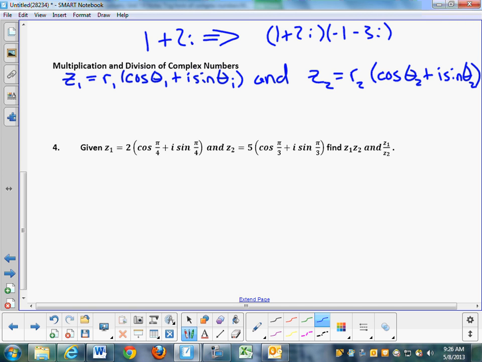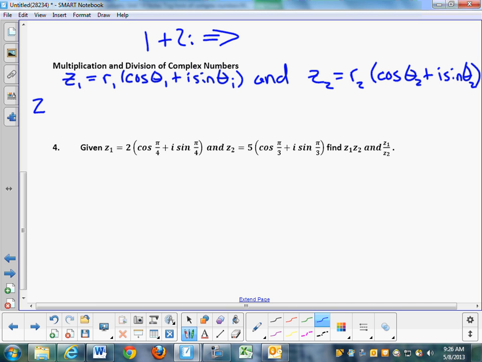You just FOIL it out. Well, you can also multiply and divide complex numbers that are in trigonometric form. And it's actually really easy to do compared to this, because here you FOIL and then you have to worry about the negatives and all that stuff. Here it's really easy. Watch.